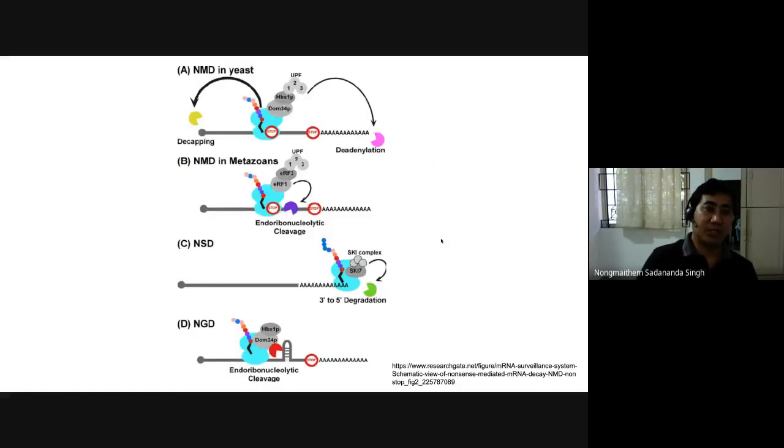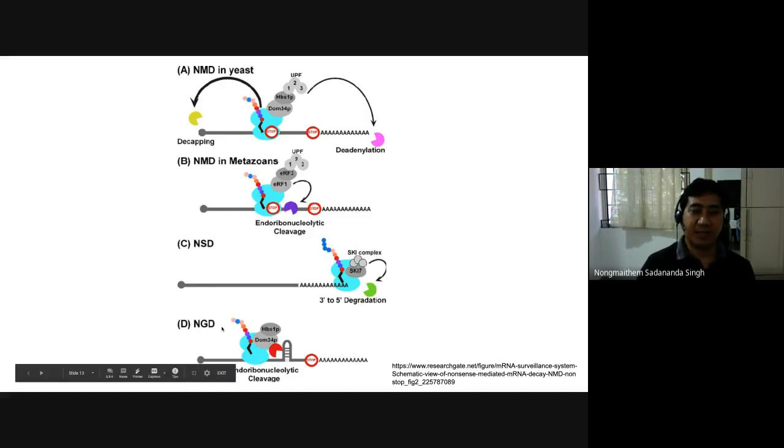Now, during translation, there are many quality control mechanisms present inside the cell. One is NMD, that is nonsense mediated decay. Second is no-stop decay. And third one is no-go decay.